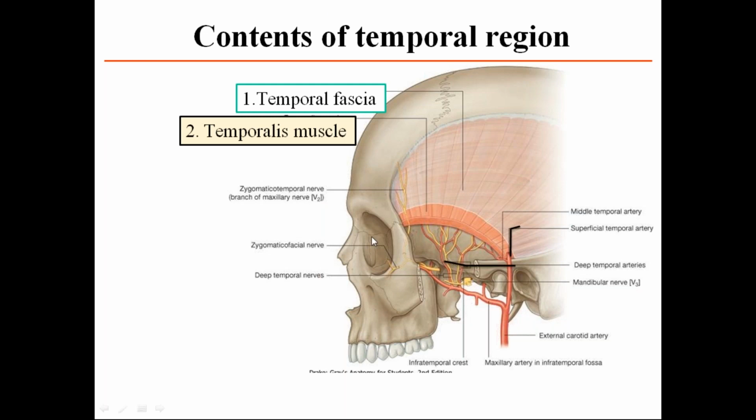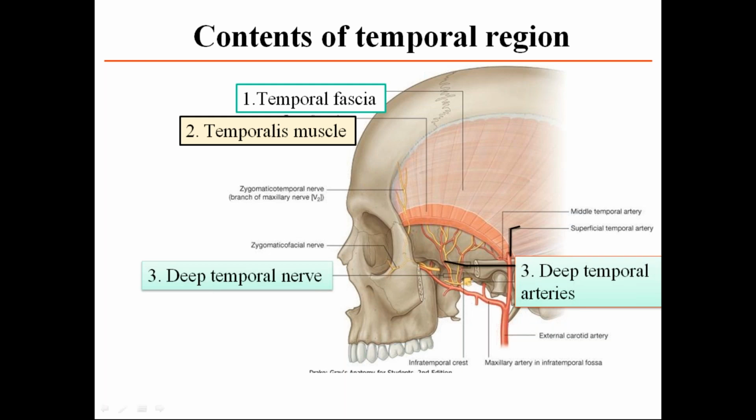The third one is the deep temporal nerve and vessels, including arteries and veins. The deep temporal nerve is a branch of the anterior division of the mandibular nerve, and the deep temporal artery is a branch of the maxillary artery. The nerve is always accompanied by the arteries. You can see it goes just deep to the temporalis muscle and supplies the temporalis muscle.